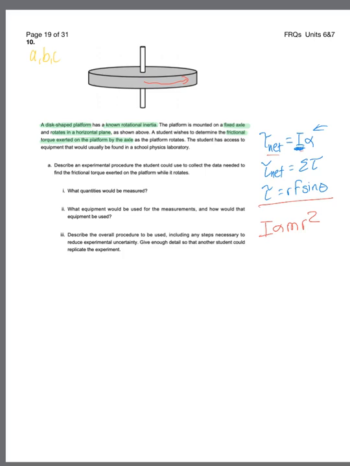So to determine the rotational inertia, we need to know the mass and the radius of the object. So the quantity that's going to be measured, first of all, is the mass, which has the symbol m, and we're going to use an electronic balance. So that's the quantities and the equipment.